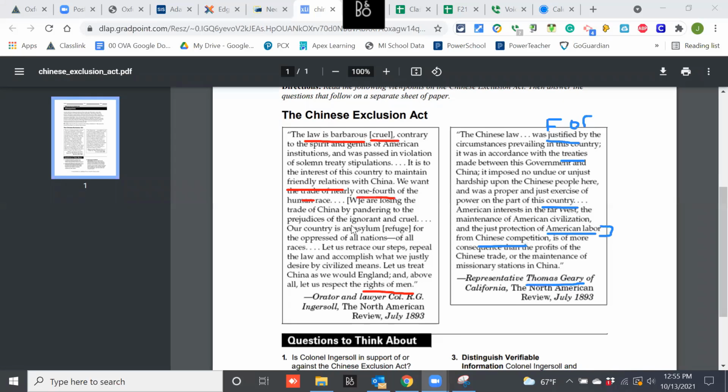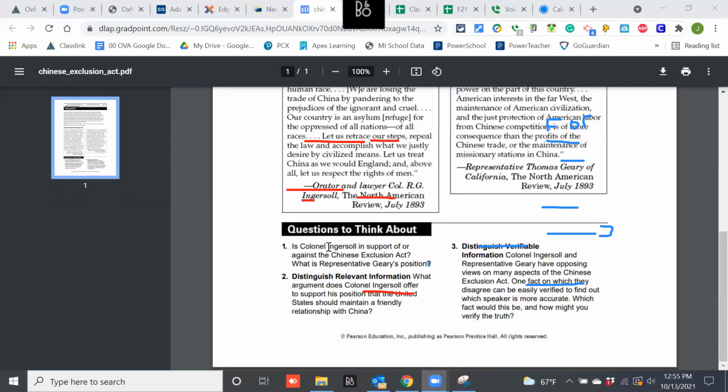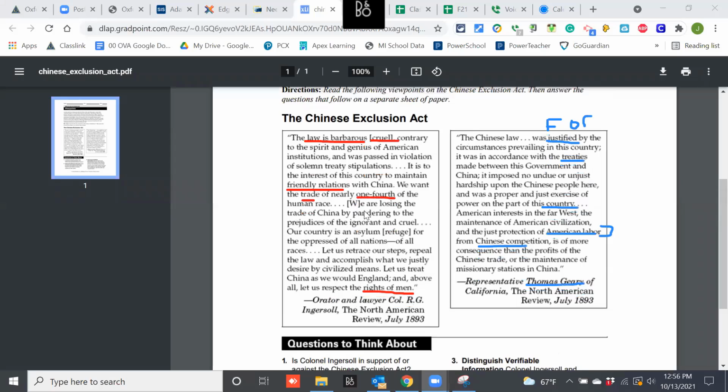Okay, so for that first question, Colonel Ingersoll is against the Chinese Exclusion Act because he thinks it's cruel and doesn't match up with American values. We need trade from China and friendly relations, and he also wants to protect the rights of everybody.